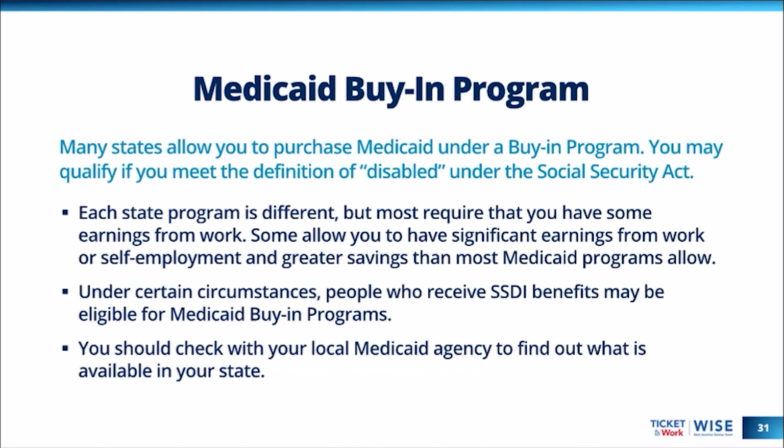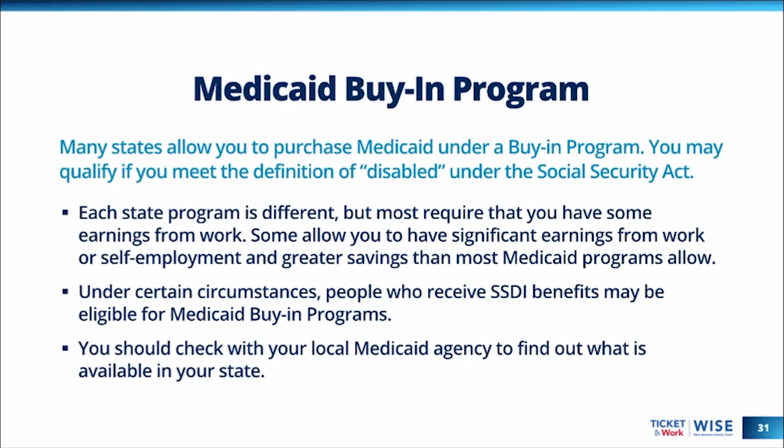The buy-in programs. This was also a game changer for people, because if you exceeded your threshold on the 1619B, Social Security just assumes at that point that you can access a private policy from your employer, and you can afford to pay those premiums, whatever your share would be. Sometimes it works, sometimes it doesn't.